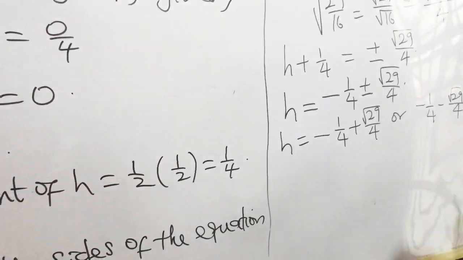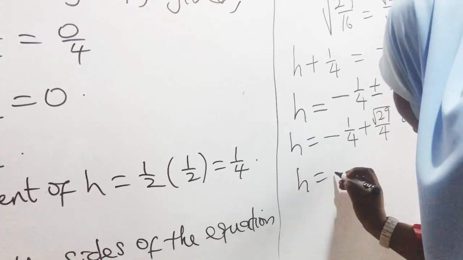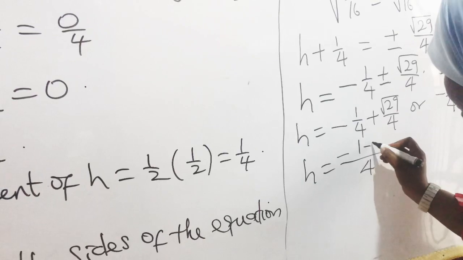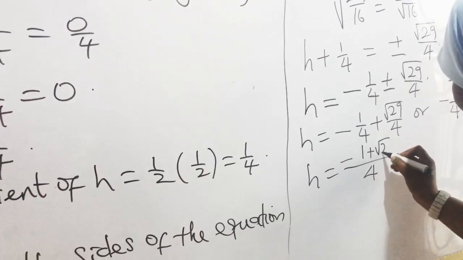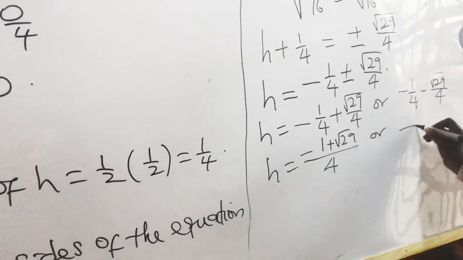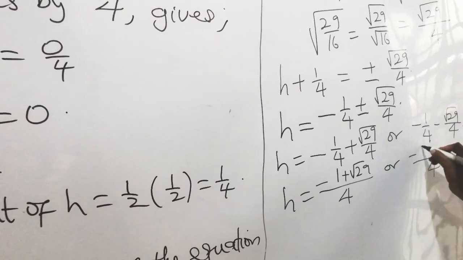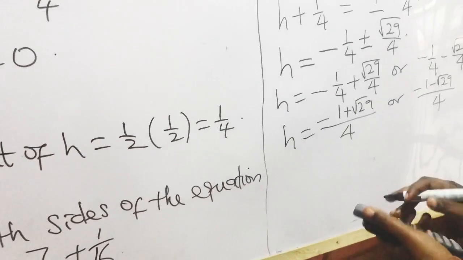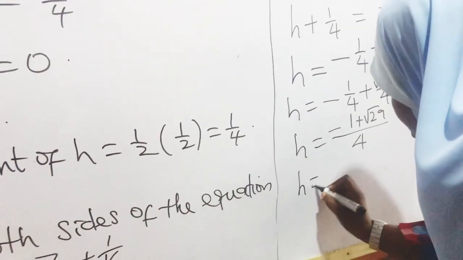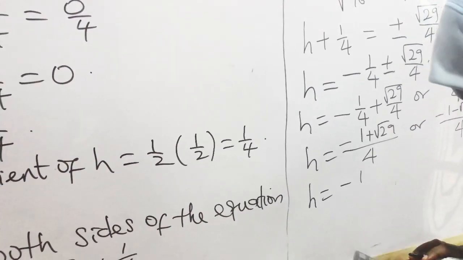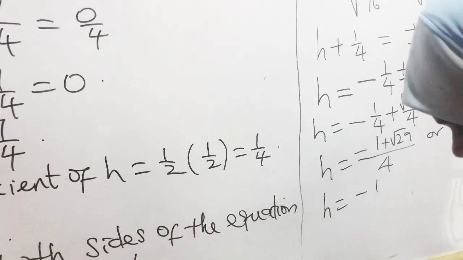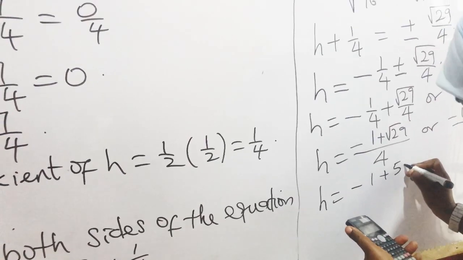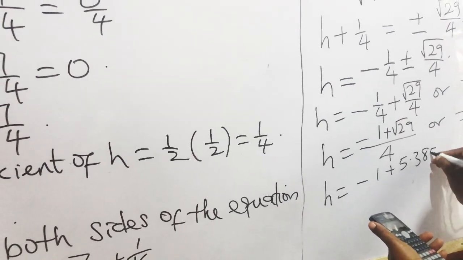You can leave your answer like this, or you can go further. If you find the LCM, we have 4, so we have minus 1 plus root 29 over 4, or minus 1 minus root 29 over 4. Let's expand that one. What is root 29? Root 29 is equal to 5.385.